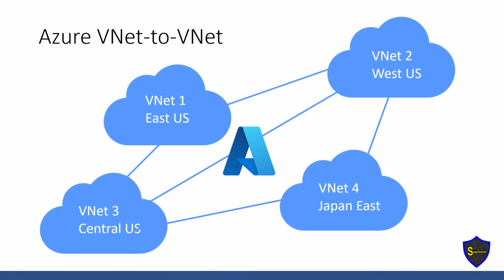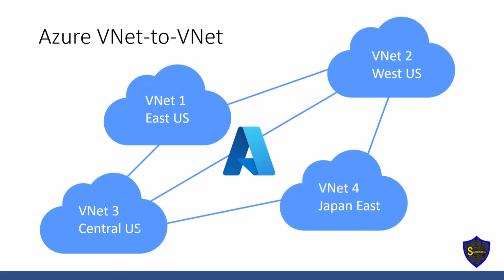A VNet-to-VNet, also known as virtual network to virtual network connectivity, is a feature in Microsoft Azure that establishes a secure and encrypted connection between different Azure virtual networks. This capability enables seamless and private communication between resources deployed in separate Azure virtual networks, creating a unified and secure network environment.